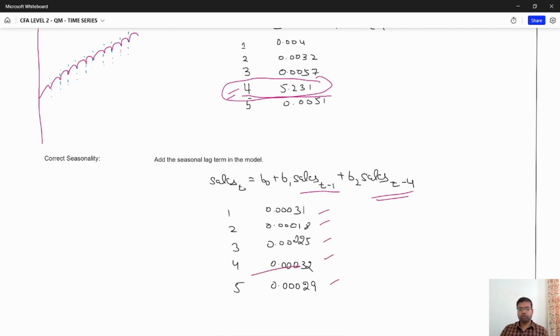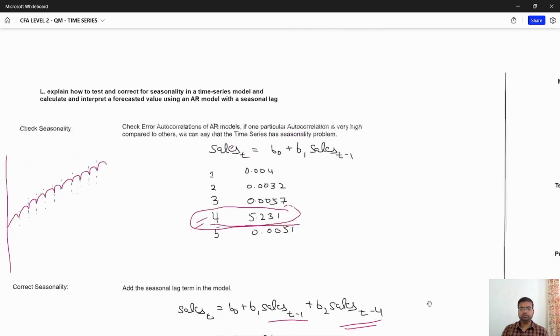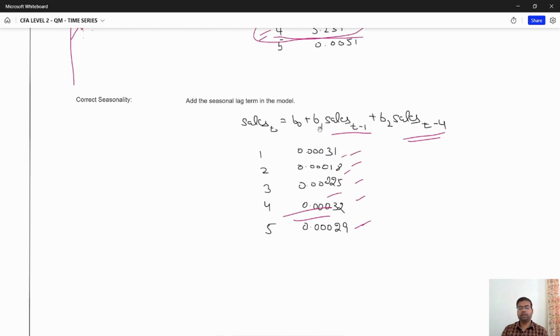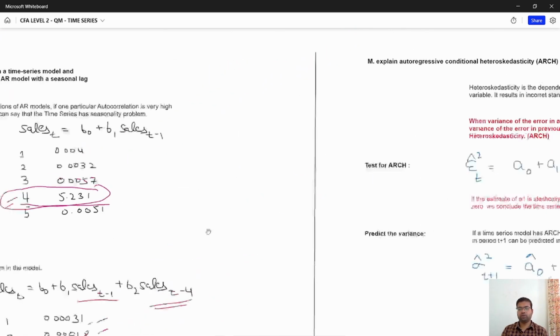Not just the fourth autocorrelation, the other correlations are also down. So we know that we have estimated a correct model. To calculate the forecasted value, you will be given the sales at T minus 1 and sales at T minus 4, and you will be asked to calculate the sales at T. So that is a simple concept here.